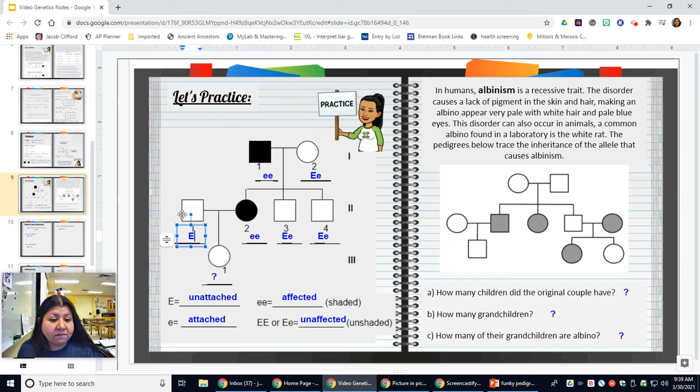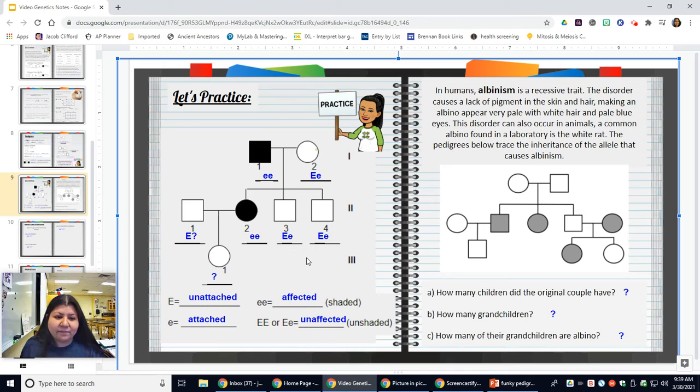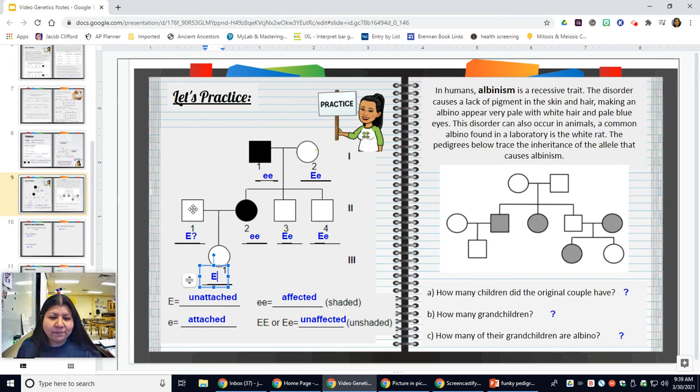So we don't know if he is big E, big E or big E, little e. You can put big E question mark, because we don't know the second letter. But for the offspring, she got one big E from dad, and mom can only give a little e, so she got one little e from mom.